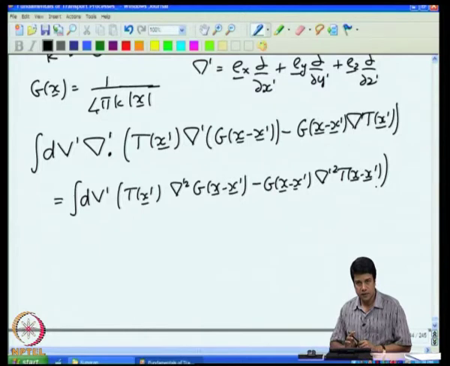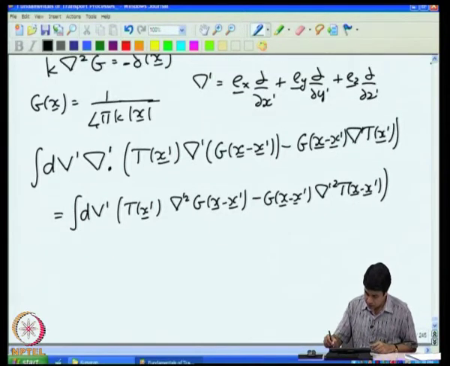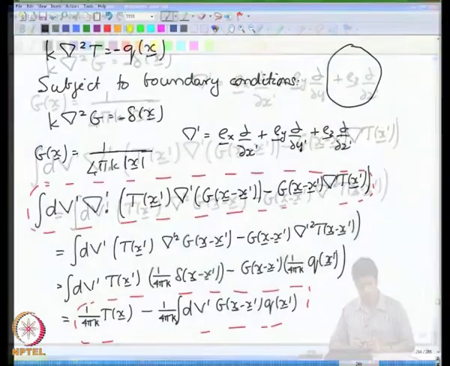You can see that the first derivatives, gradient of T and gradient of G, will cancel out, because I have taken the difference between these two. And now here for del square I have k del square G is equal to minus delta of x. So, k del prime square G of x minus x prime will be equal to minus delta of x minus x prime.